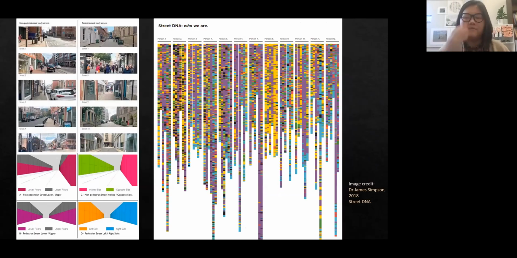And then there are some scholars who carry this idea further. This is by Dr. James Simpson from the University of Sheffield. I've sat in one of his lectures before. He used this idea that people wear a camera and record their daily experiences, going from their houses all the way to their work, and what they see every day.